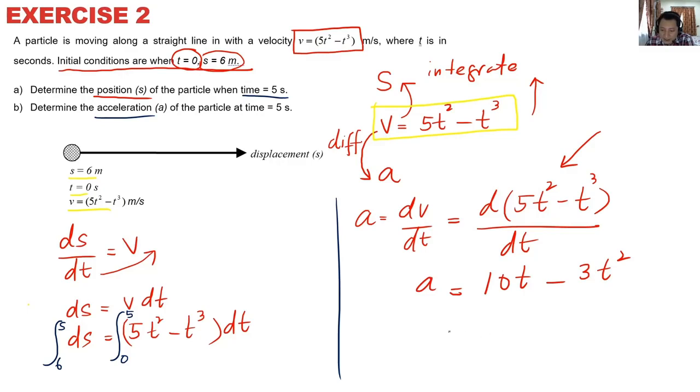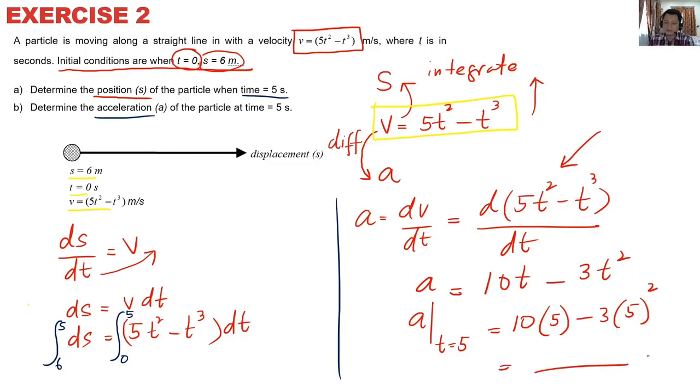This is your A, and then evaluate A when time is equal to 5 seconds. 10 plug in 5 minus 3 times 5 squared. So you get the value. So far we've done both cases.